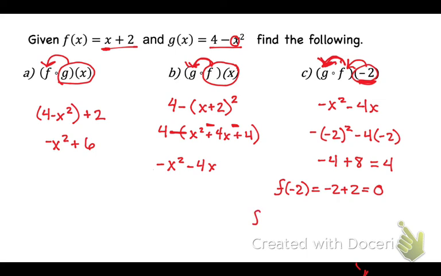And now I'm going to do G of F of negative 2. So it says take the answer from here and plug it into where? G. So that would be 4 minus 0 squared, which would be what? 4. Did we get the same answer? Yes.